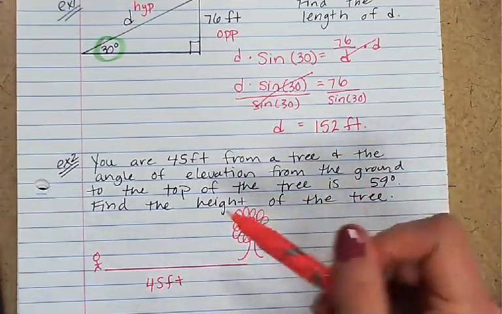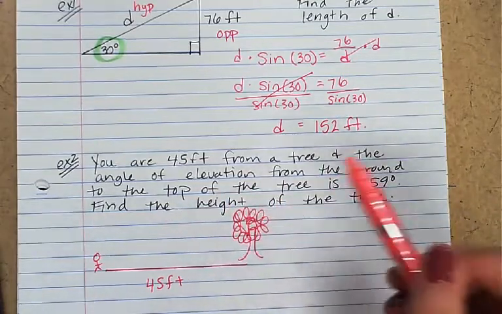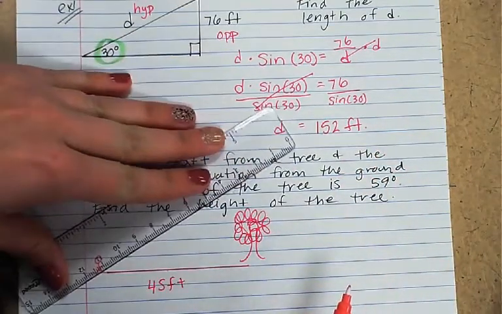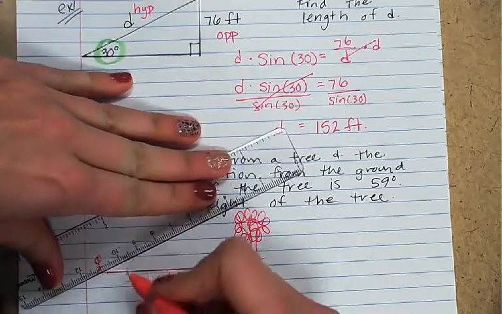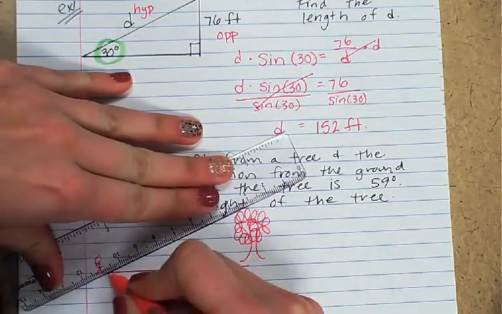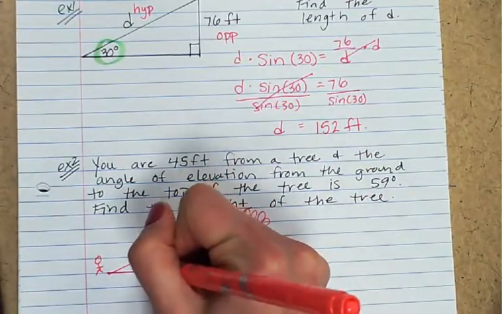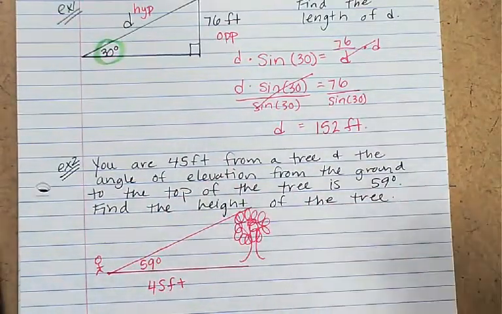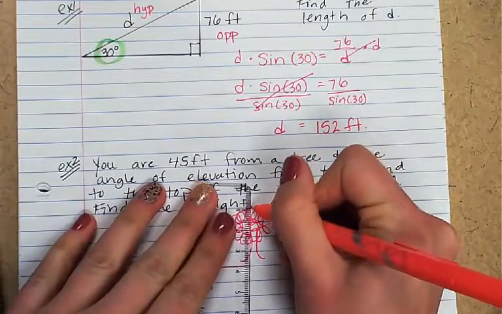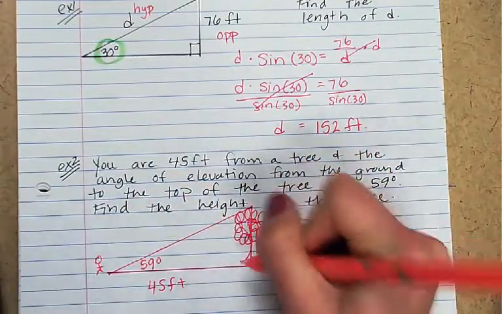That's my best tree. The angle of elevation from the ground to the top of the tree is 59 degrees. Find the height of the tree.